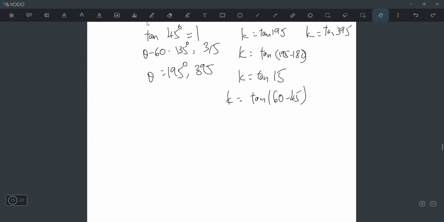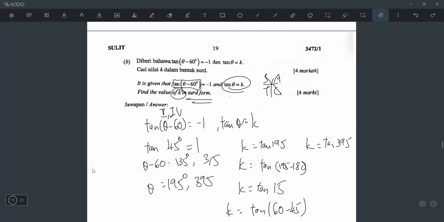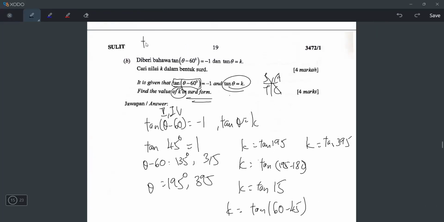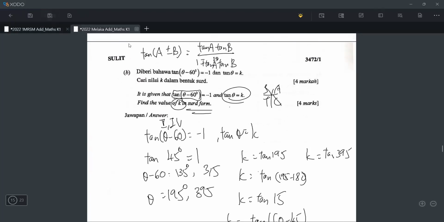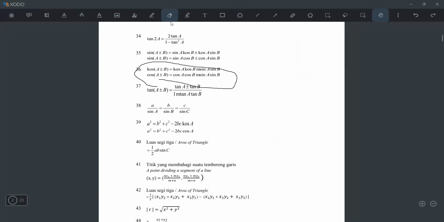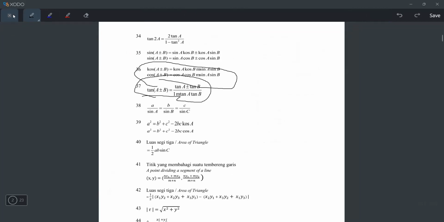And then I will just do k equals to, and then I will use the compound angle formula, which is tangent A plus minus B equals to tangent A plus minus tangent B over 1 minus plus tangent A tangent B. Okay, that's I'll show you. Okay, so yeah, it's here.